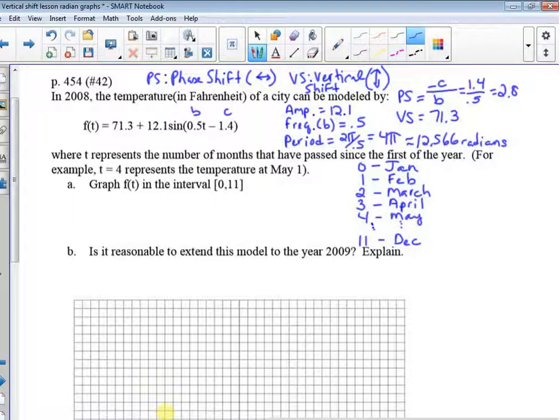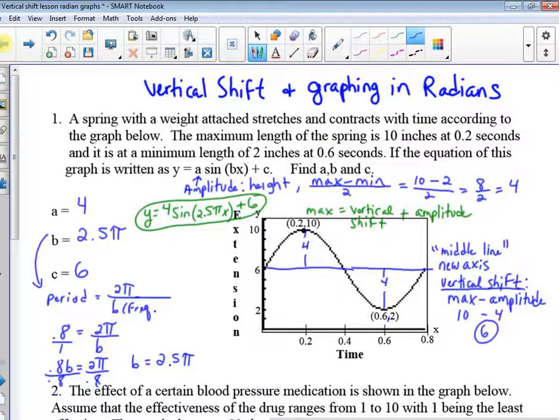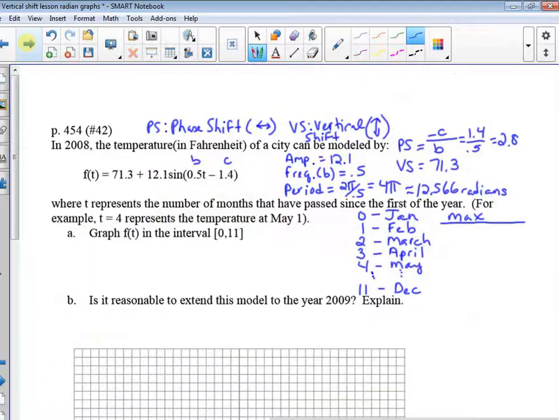The maximum, if we go back a page, was our vertical shift plus our amplitude. Our vertical shift is 71.3, and our amp was 12.1. So my maximum value is 83.4.